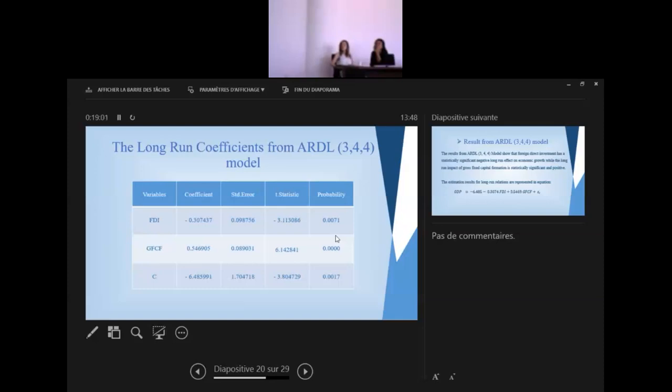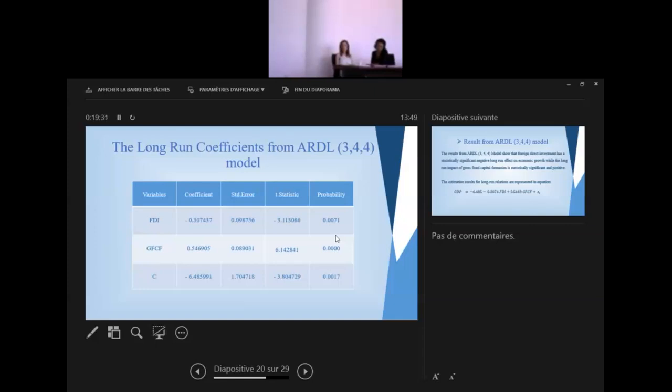And the domestic investment is significantly positive. That means what? That means that foreign direct investment in Guinea has a negative impact on GDP. Okay, because the coefficient is negative. And domestic investment has a positive impact on GDP, on economic growth in Guinea.